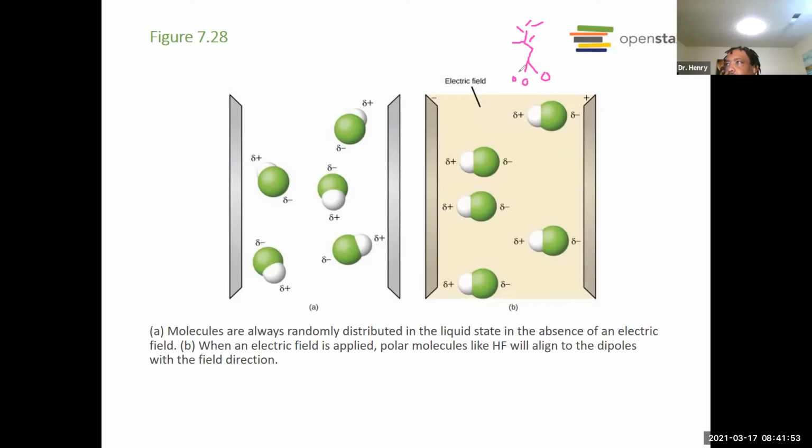Phosphate. Hey, stop making fun of my drawing here. So I have a phosphate here. All of these are really negative, and then we'll make it so that these are real positive, or positive-ish.